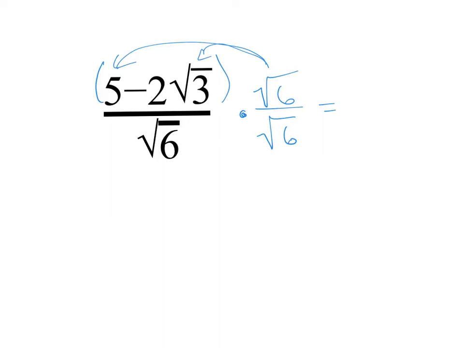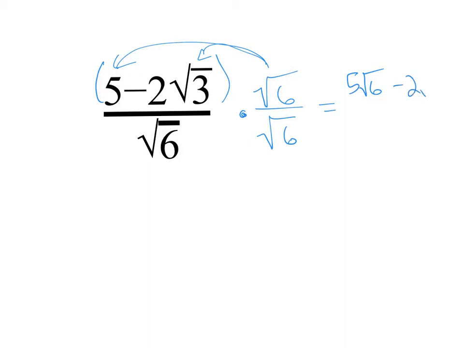So taking the square root of 6 and multiplying it times the 5 would end up giving us 5 times the square root of 6. And then next, with our distribution, we want to make sure we take the square root of 6, multiply it times negative 2 times square root of 3. So obviously, the negative 2 is going to stay because there's nothing to multiply that by.